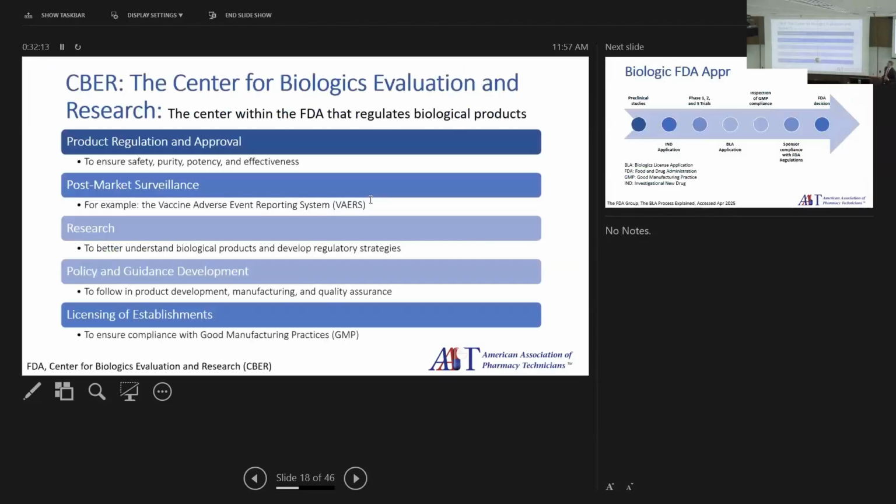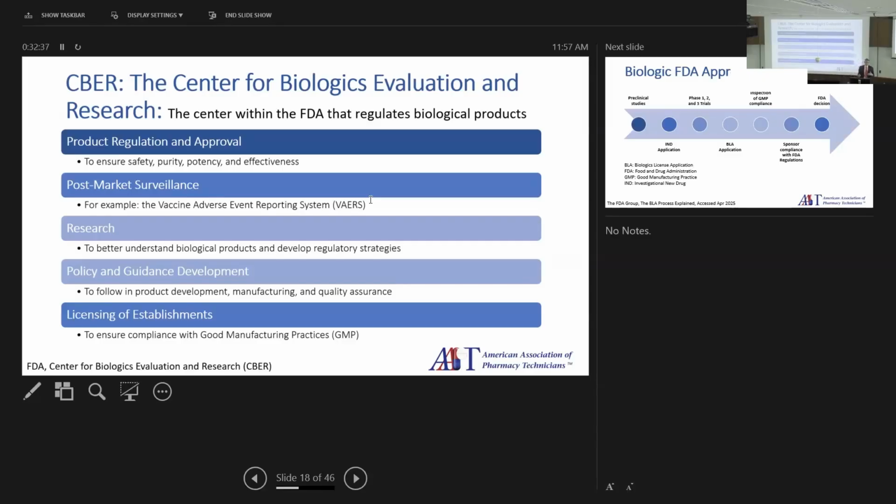So the Center for Biologic Evaluation and Research, also known as CBER, is the center within the FDA that regulates biological products. So they're responsible for pretty much all of the essential components of biologic and biosimilar regulation. That may include product regulation and approval, so ensuring the safety, purity, and potency of biologics and biosimilars.